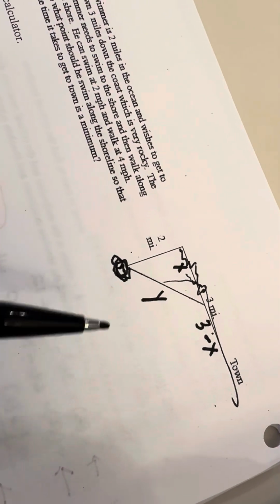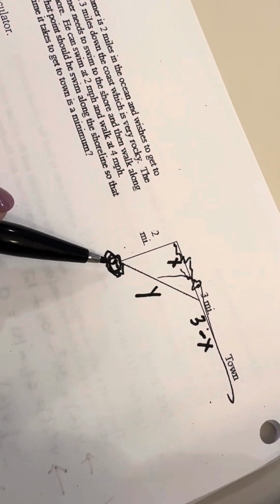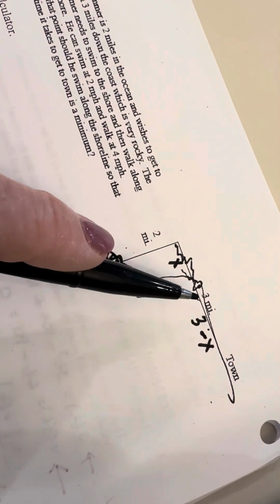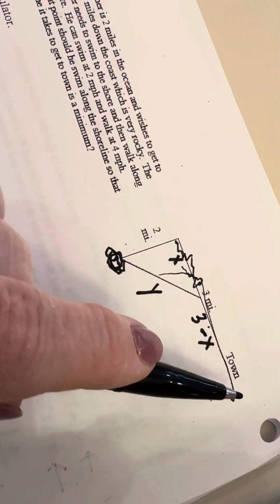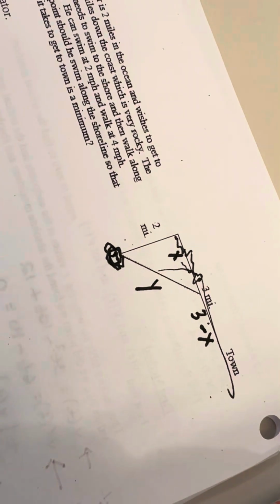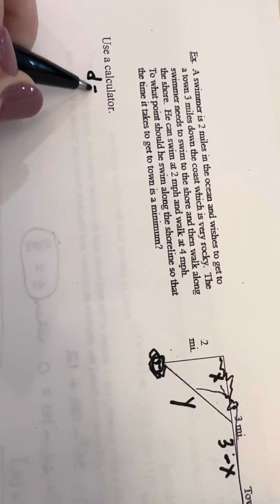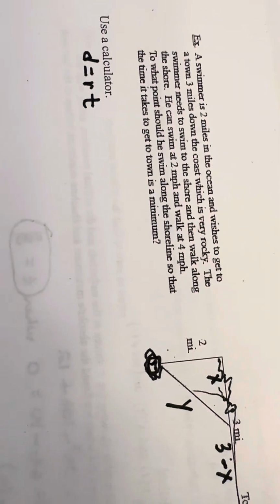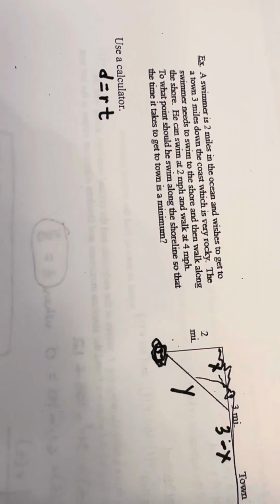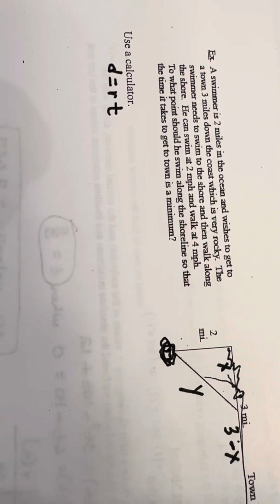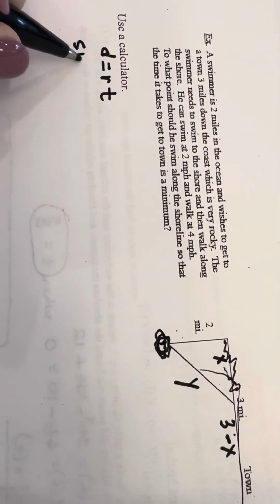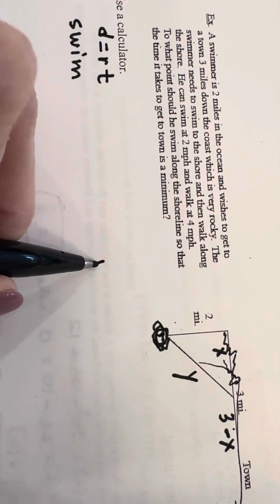So we want to figure out his time when he swims along y and then walks along that 3 minus x length. We're going to use the idea that distance is equal to rate times time to come up with a time equation. He's going to have a swim time and a walk time.